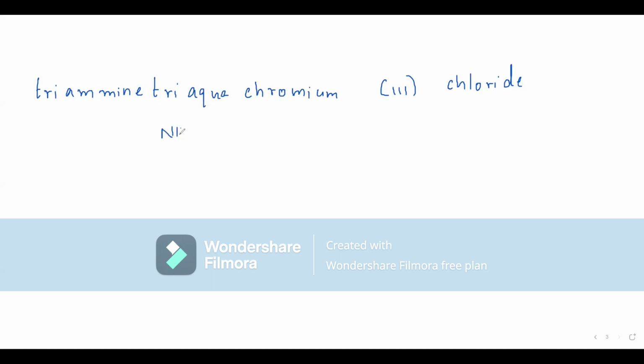So NH3 3 times, aqua H2O 3 times, chromium Cr in a bracket. The charge on chromium is plus 3. NH3's charge is 0. Water, aqua, charge 0.